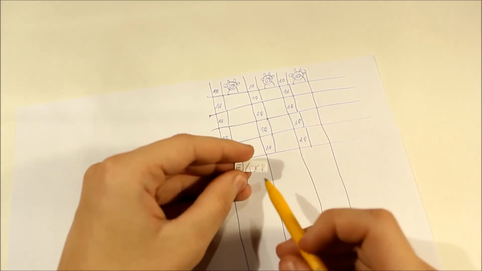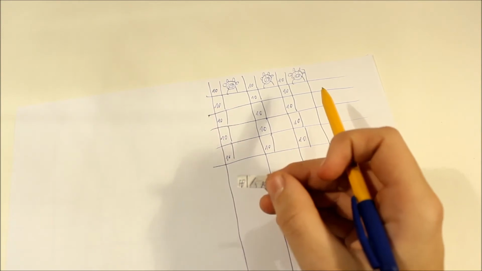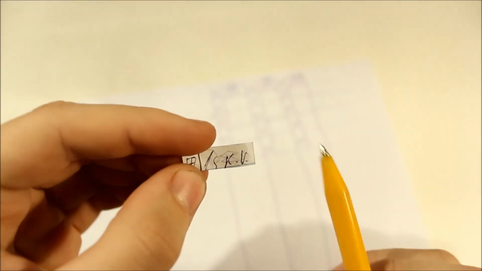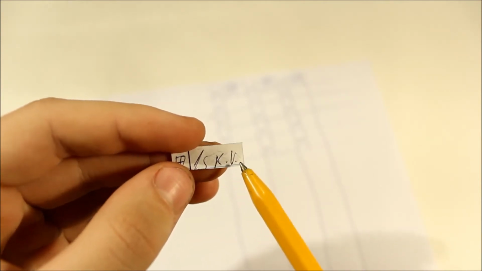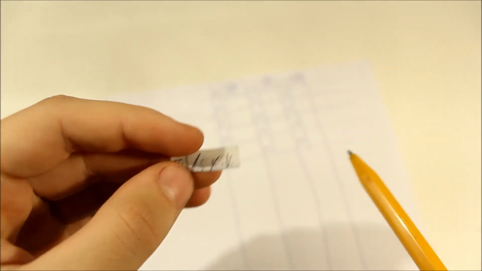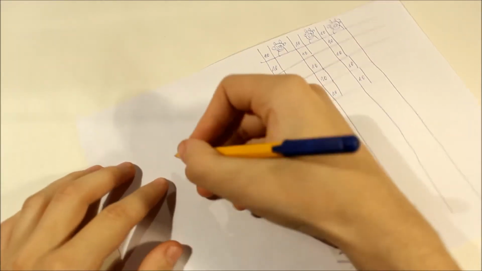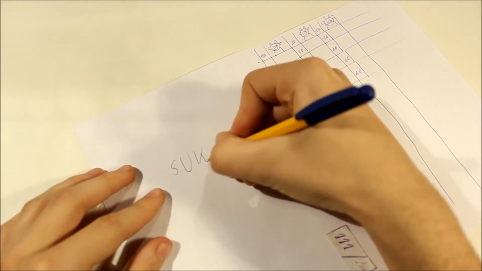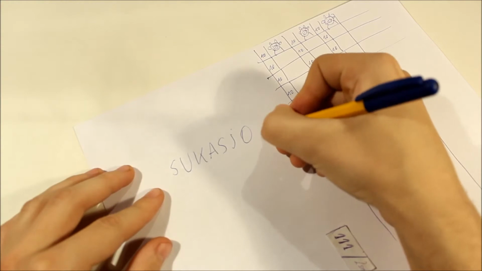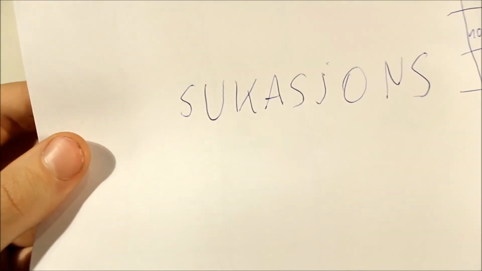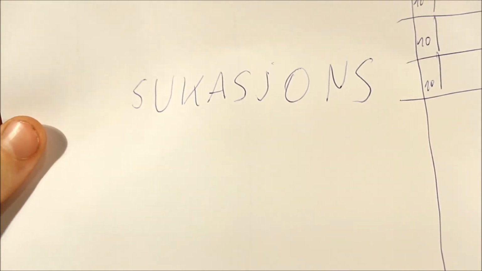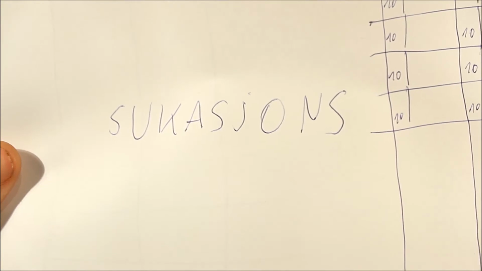So I think this one is one Sukkasjons Kuzļa valsts: S Sukkasjons, K Kuzļa, V valsts, meaning that Sukkasjons was the currency of Kuzļa state.